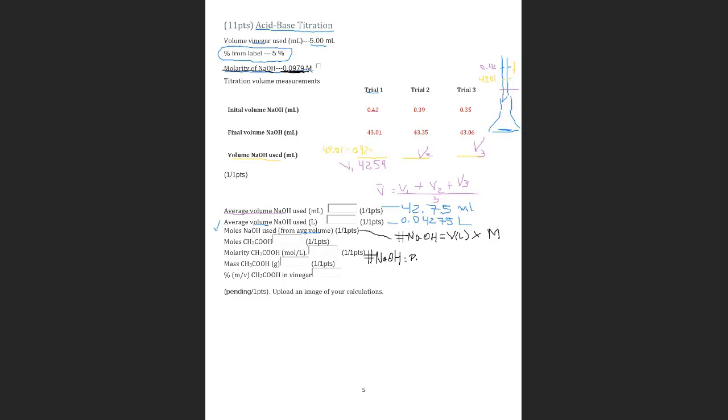Because the molarity is moles per liter, if you multiply by the liters that you use, which is the average of the 3 trials, then you obtain the number of moles of sodium hydroxide. With my data, 0.04185.